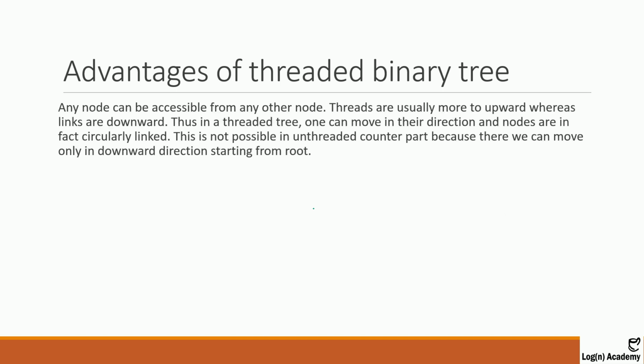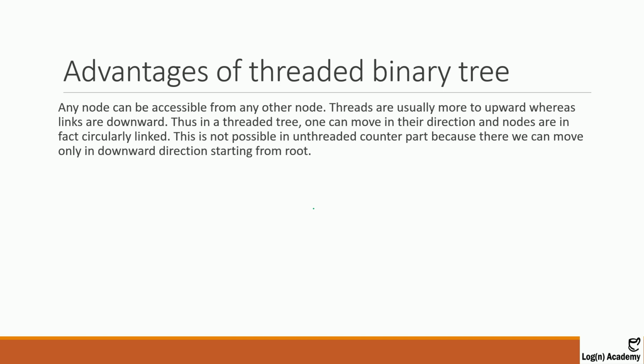The next point is any node can be accessible from any other node. Threads are usually upward, whereas links are downward. So as we saw, the threads are going upward, and the links are towards the downward side. So this is the distinction.